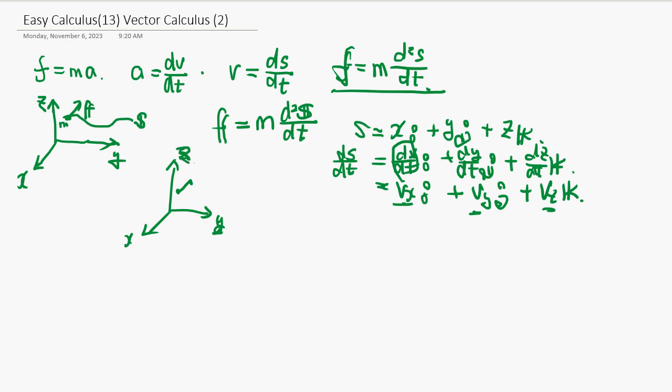And speed too. If you have speed vx here and you have vy and vz, the total speed is vector addition, right? This and this you add. So vx, vy, vz are independent variables. Okay.